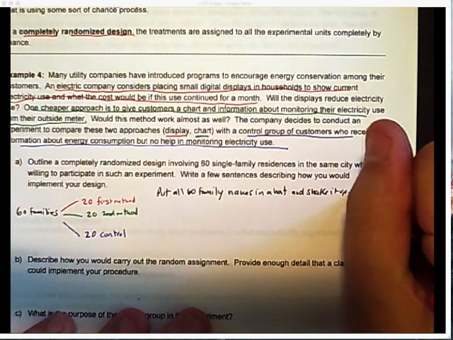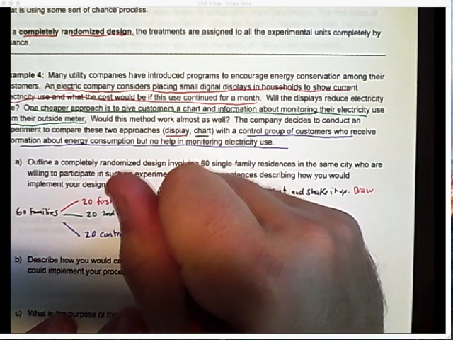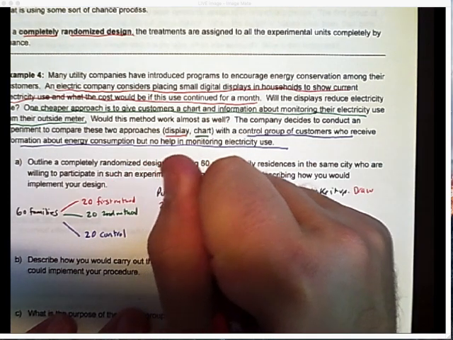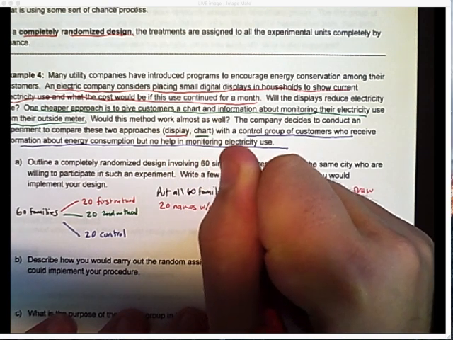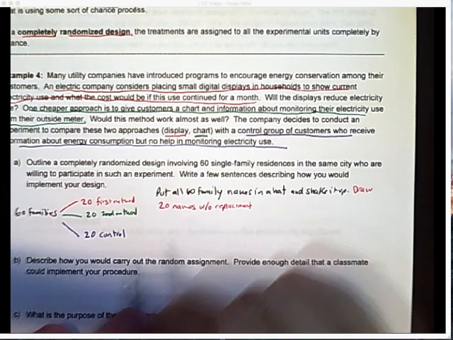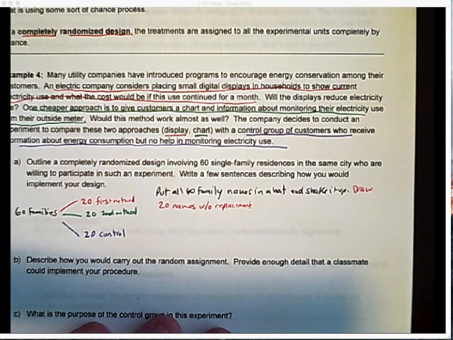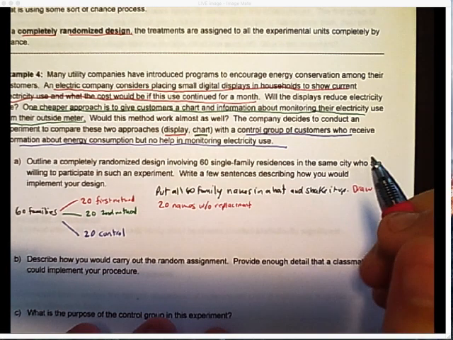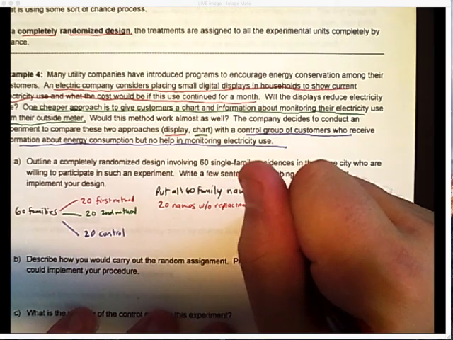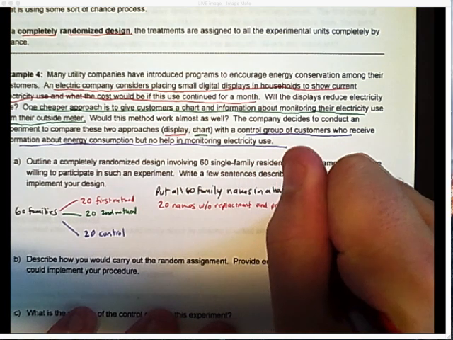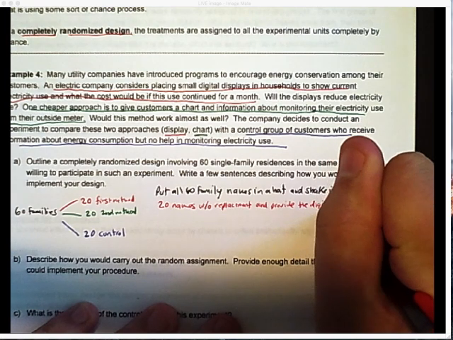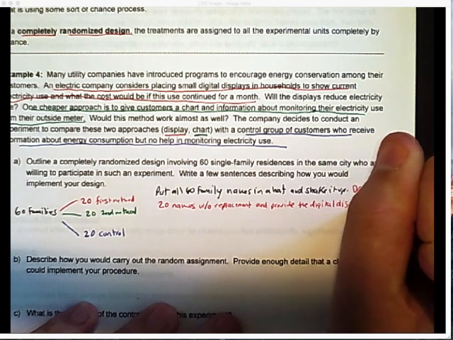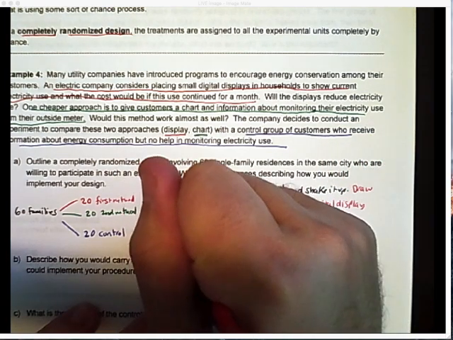I'm going to draw 20 names without replacement and provide the digital display to those families.